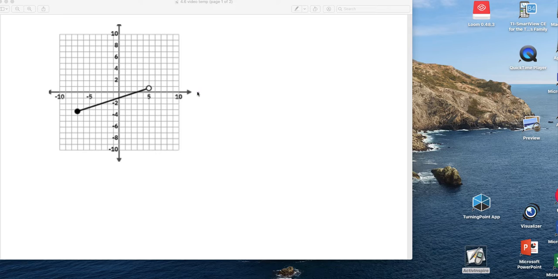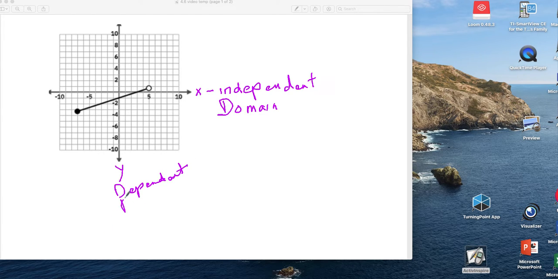So x is right here, and x is the independent variable. And x is where I'm going to find the domain. y is here. y is the dependent variable, and y is the range.